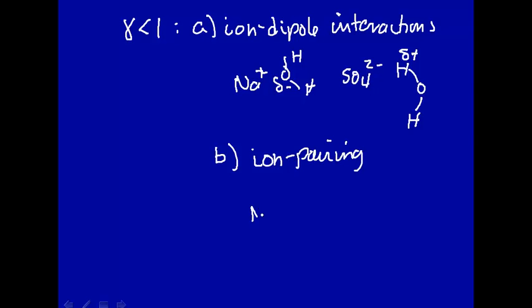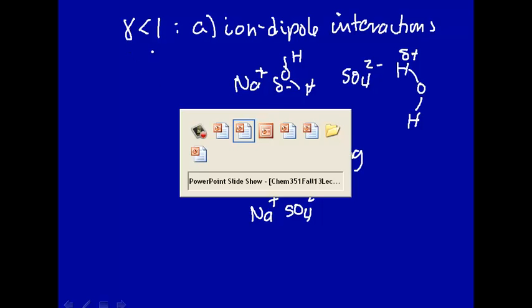So actually the sodium ions in solution are paired up with the sulfate ions in solution. So you have this ion pairing here, which means that these sodium and sulfate ions are less active because they're not by themselves, they're paired up, and therefore the activity coefficient would be less than 1.